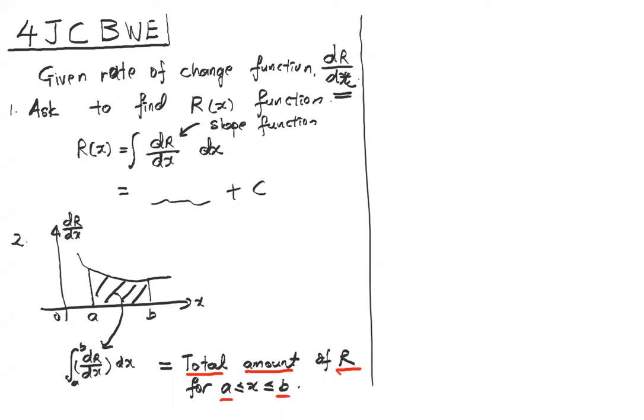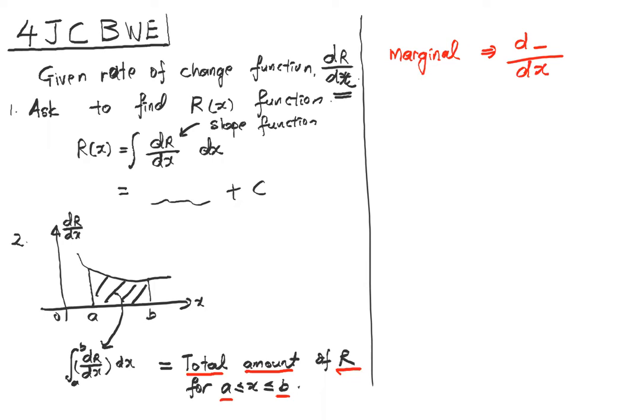So example 10, I'm going to let you look through by yourself. The moment you see marginal, marginal means the rate of change of that something. Marginal means d something over dx or dt, up to you.